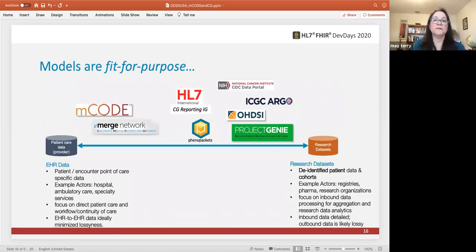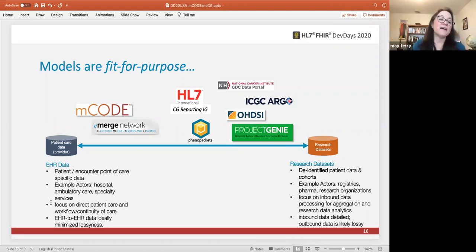Going through comparisons with mCODE and other models, there are many models that are out there, and I'm sure there are several during the FHIR DevDays presentations that have been a really nice point for a case study. But we have found at least some of these I've actually either directly or indirectly worked with and done some gap analyses for.